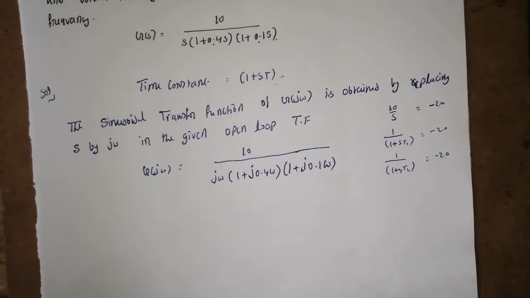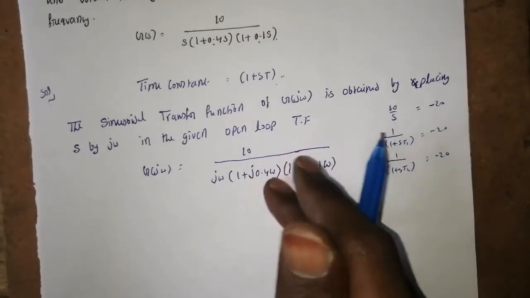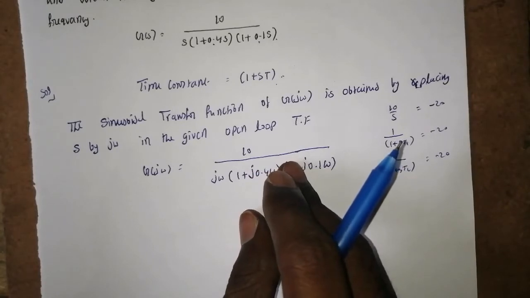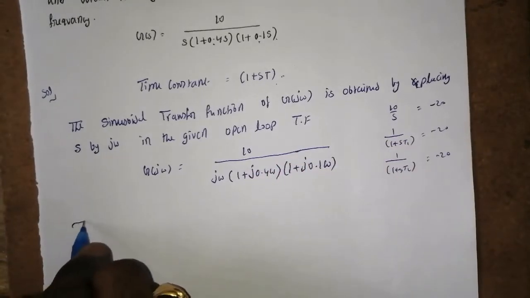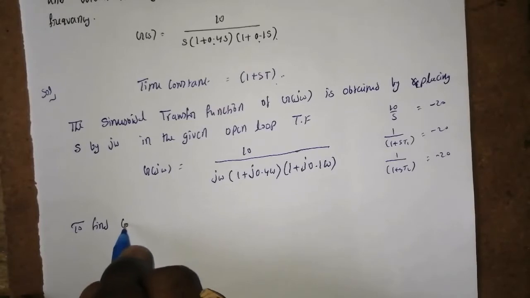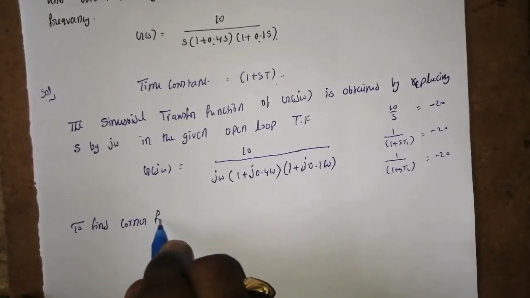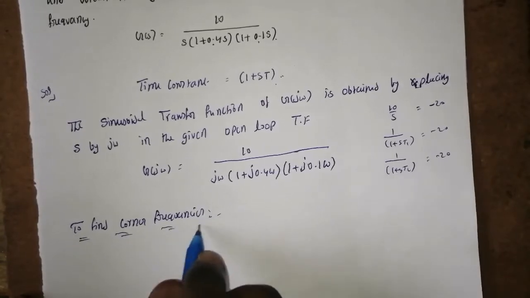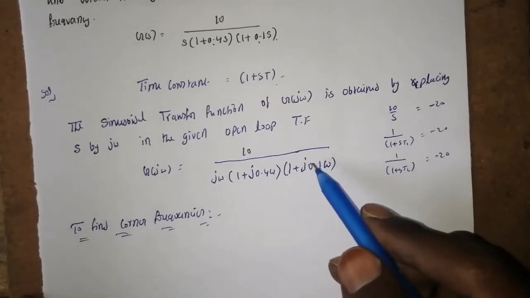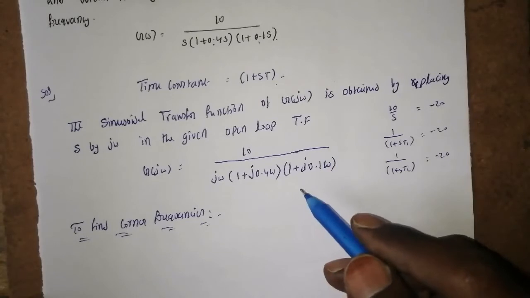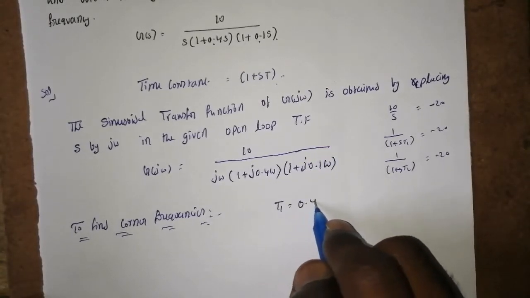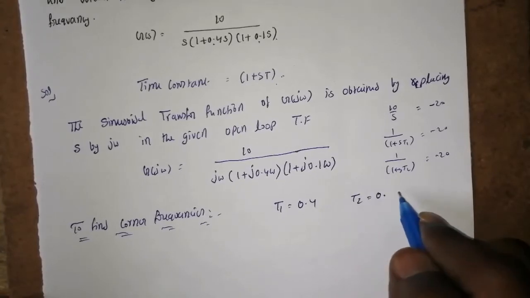Now, after converting to the sinusoidal transfer function, we have to find the corner frequencies. Looking at this transfer function, we have two T values, T1 and T2. Let us consider T1 equals 0.4 and T2 equals 0.1.